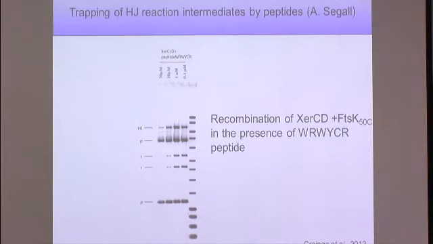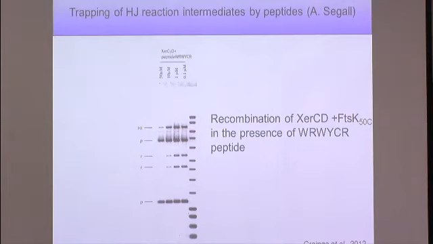And it turns out that in the FTSK stimulated reaction, it's the opposite way round. The XCRD goes first, and then XCRC resolves that holiday junction. We can show this directly by adding peptides, which Anka Siegel made, which happen to trap that holiday junction intermediate.